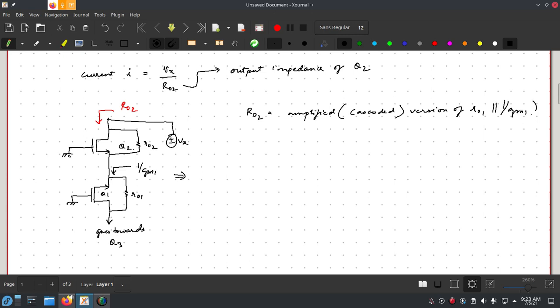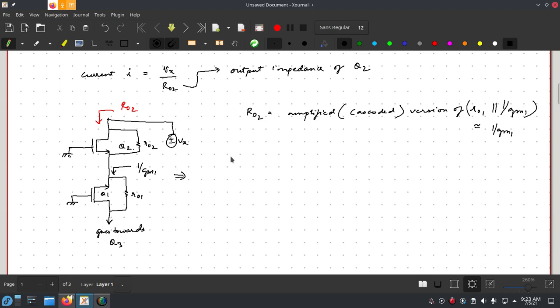This is also correct. But R01 in parallel with 1 by GM1 is close to 1 by GM1 only, because R01 is a very large value compared to 1 by GM1. Any large resistance in parallel with a small resistance will give the small resistance only.